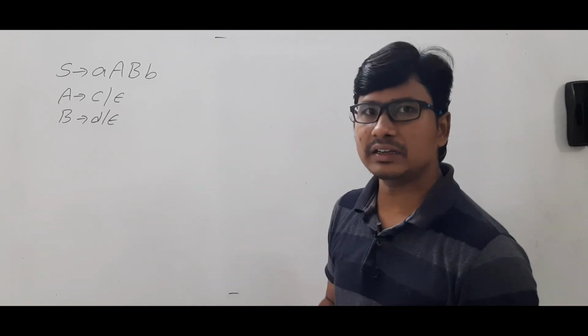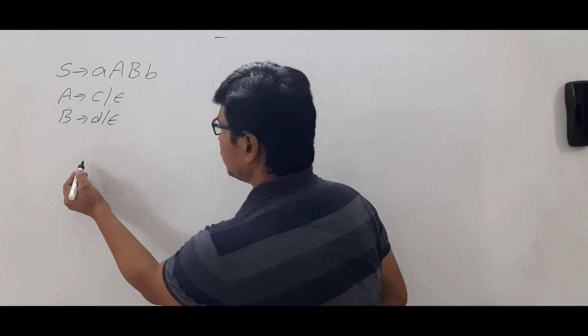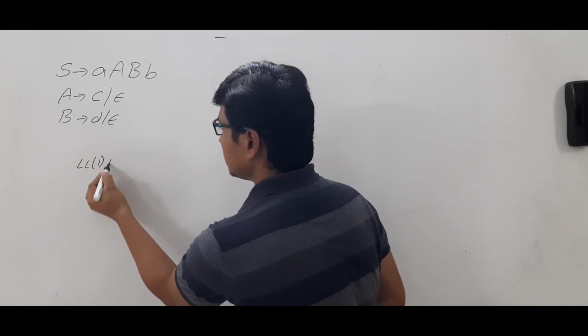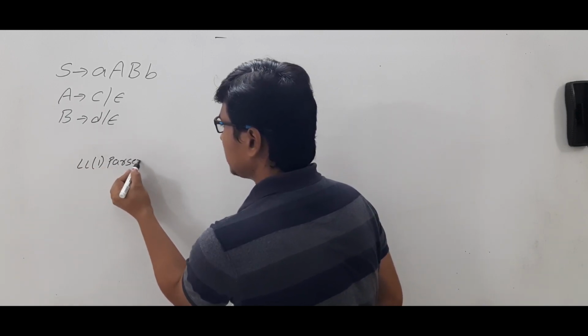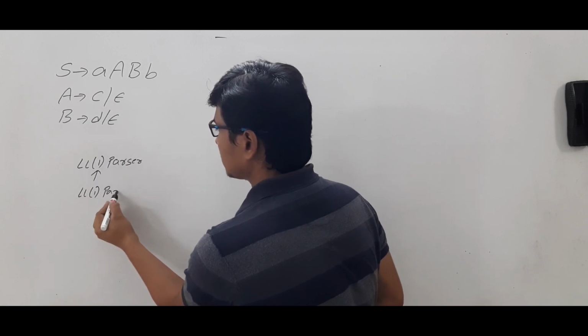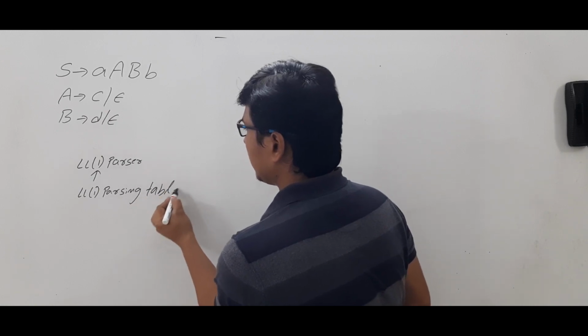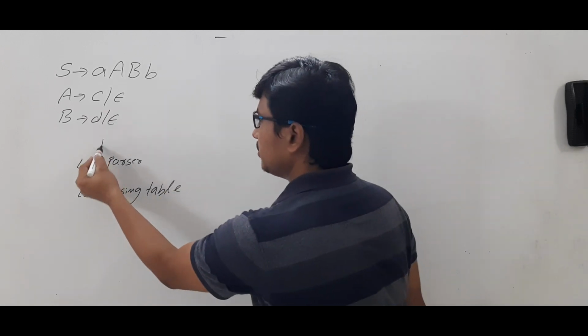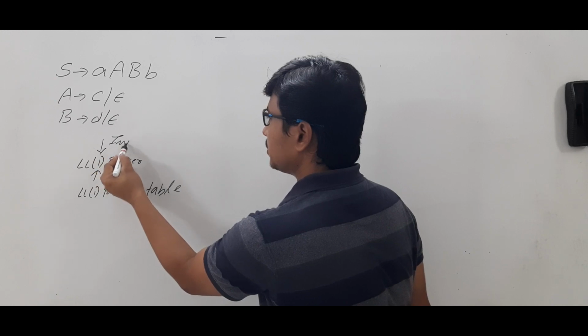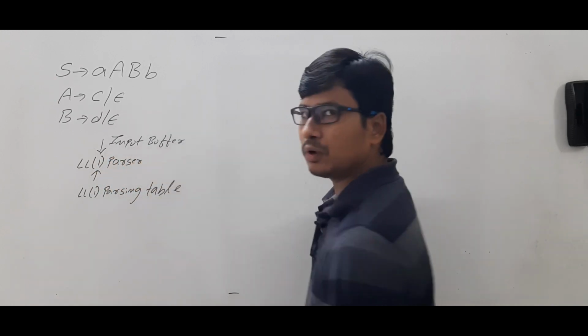If you look at the LL1 parser, it will take the parsing table, which is the LL1 parsing table, and the input buffer, whatever input string you want to take.